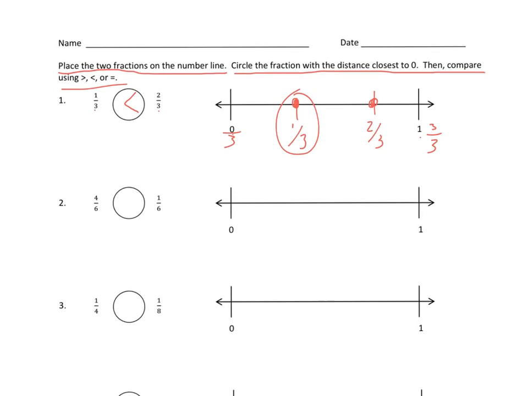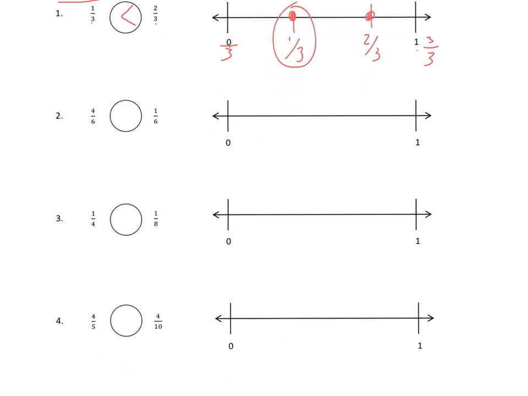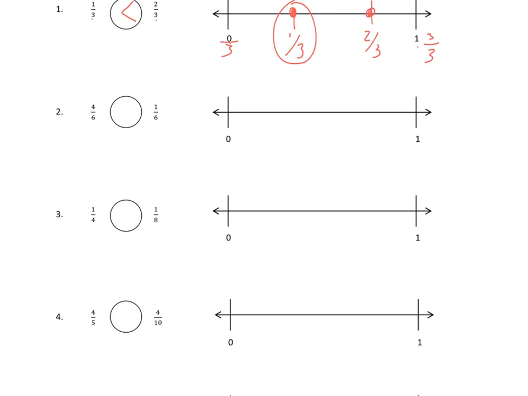Let's take a look at number 2, and my unit is sixths, so I have to break between 0 and 1 into sixths. So I'm going to do 5 lines for this one to break it into 6 pieces. And I know that this is 0/6.